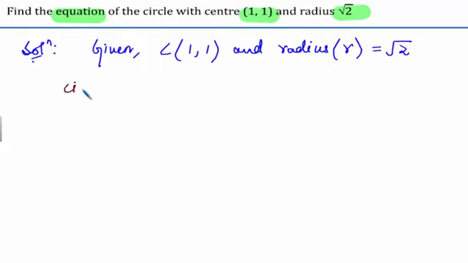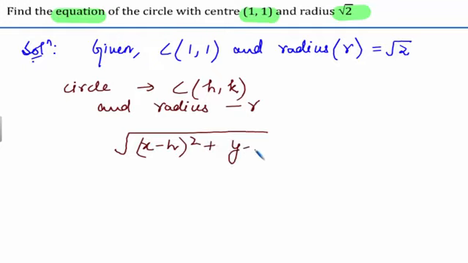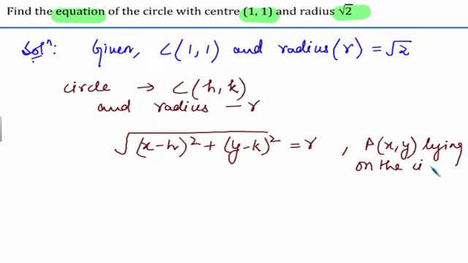Now we know that given a circle with center having coordinates (h, k) and radius r, the equation of the circle is given by the square root of (x minus h) whole square plus (y minus k) whole square is equal to r, where x and y are the coordinates of any point P lying on the circle, right?